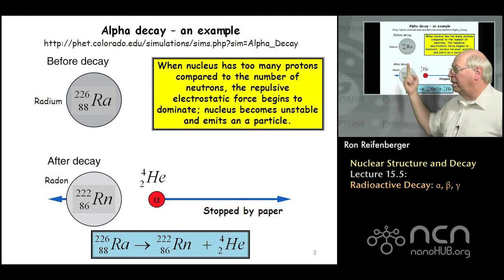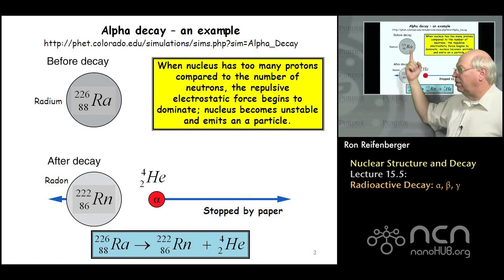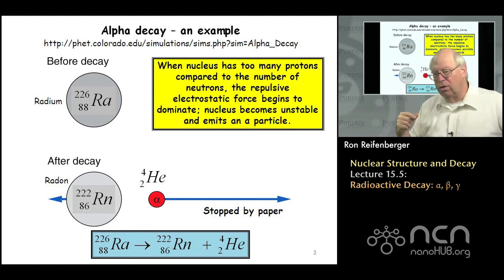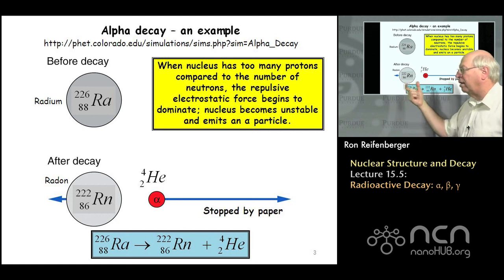And by very careful work, what has been established is that in the process of an alpha decay, a helium nucleus is actually emitted from the nuclear matter. And this helium nucleus is given a certain energy. It's represented in the early days by the symbol alpha, but we now know it's a helium nucleus.